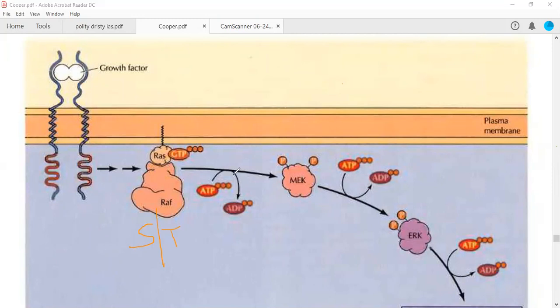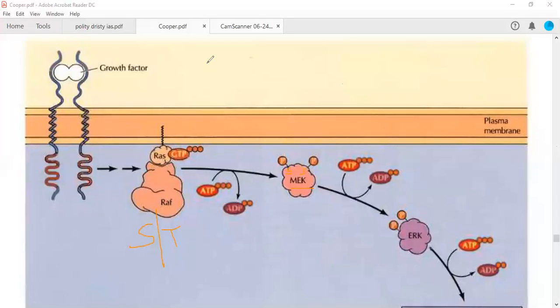It will transfer the gamma phosphate from the ATP to the serine or threonine of a downstream protein called MEK, and it will phosphorylate either serine or threonine. Mostly it will phosphorylate the serine residues. So here it has some serine, or here some threonine. They will be phosphorylated, and it will result in the activation of this particular MEK.